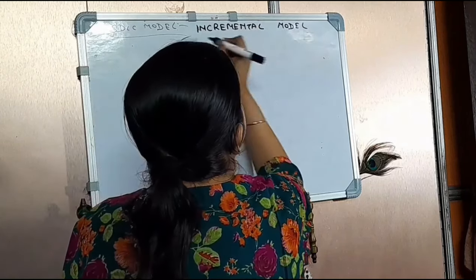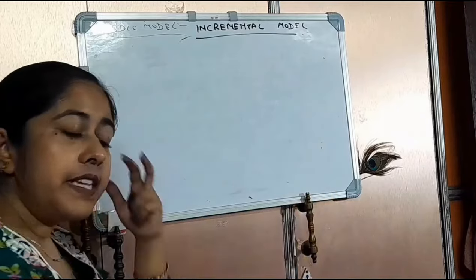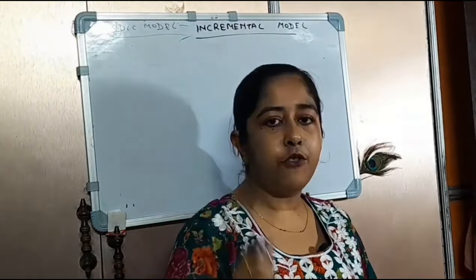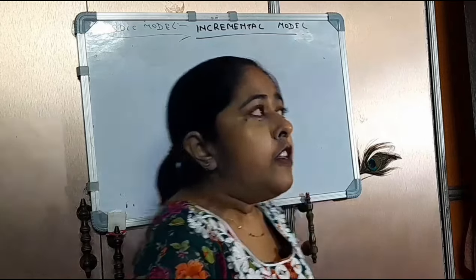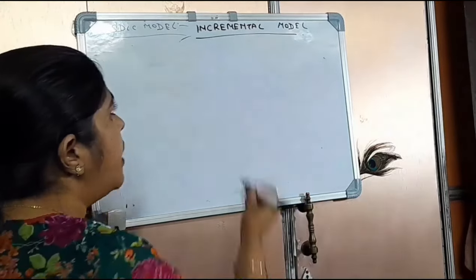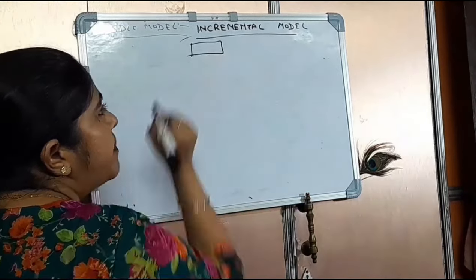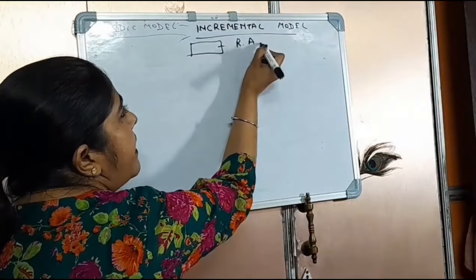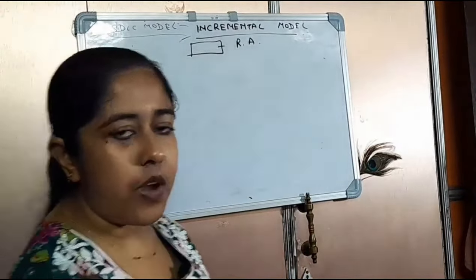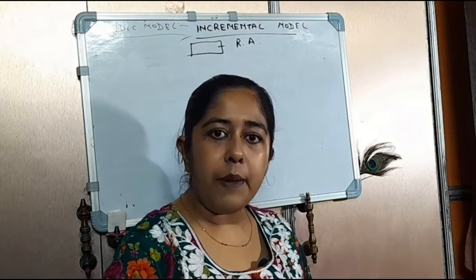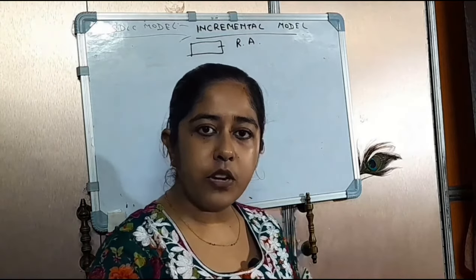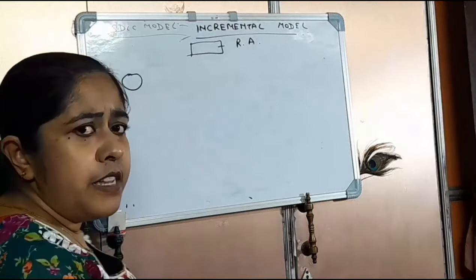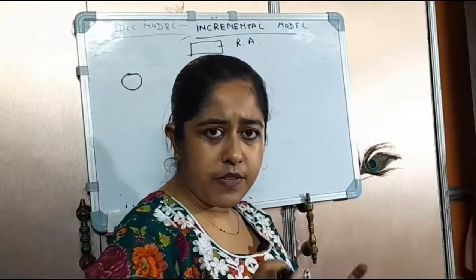Now what happens in this incremental model? This mainly works with the specifications of the iterative waterfall model. First of all, you take a particular phase, suppose the requirement analysis phase. You gather the requirements, and those whole requirements you break into specific modules, one by one.